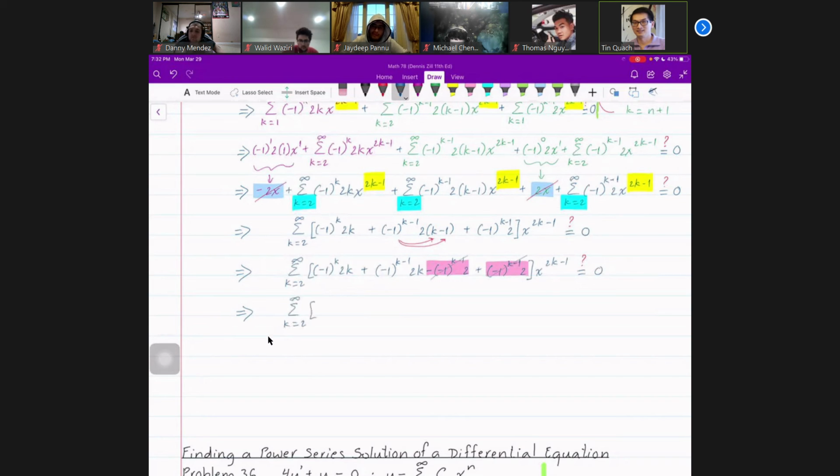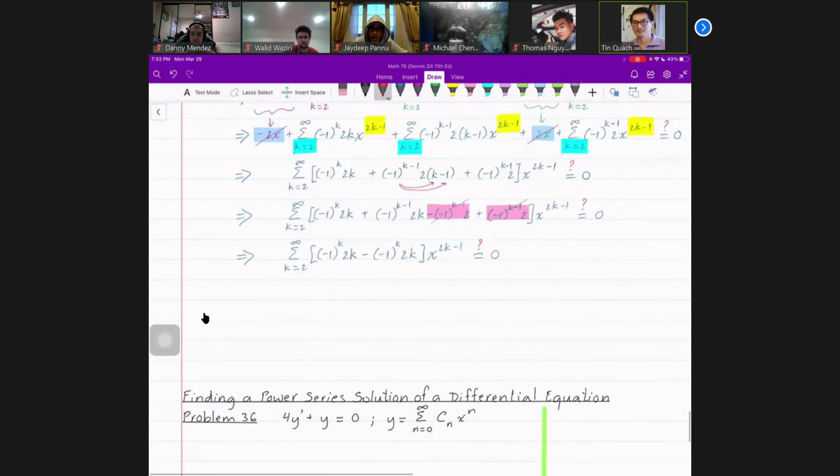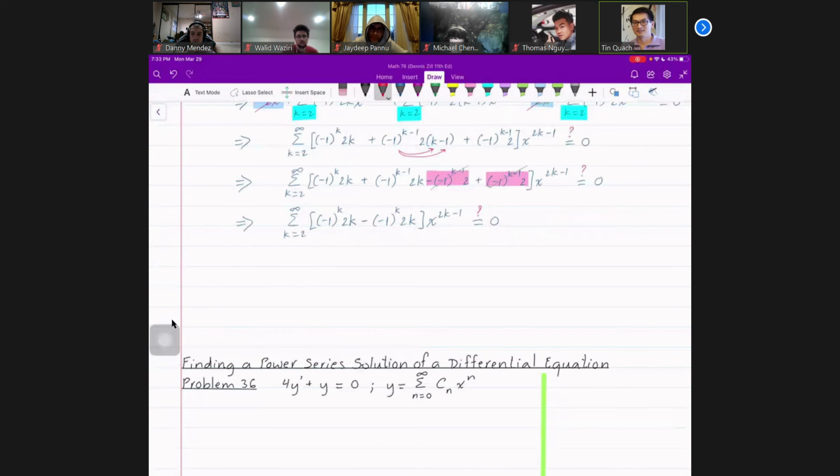So now you can see it is very confusing. So for this one right here, you can split it up to negative 1 times negative 1 to the k. So negative 1 means that, and then negative 1 to the k. Okay. So this one and this one are the same, but you subtract them.